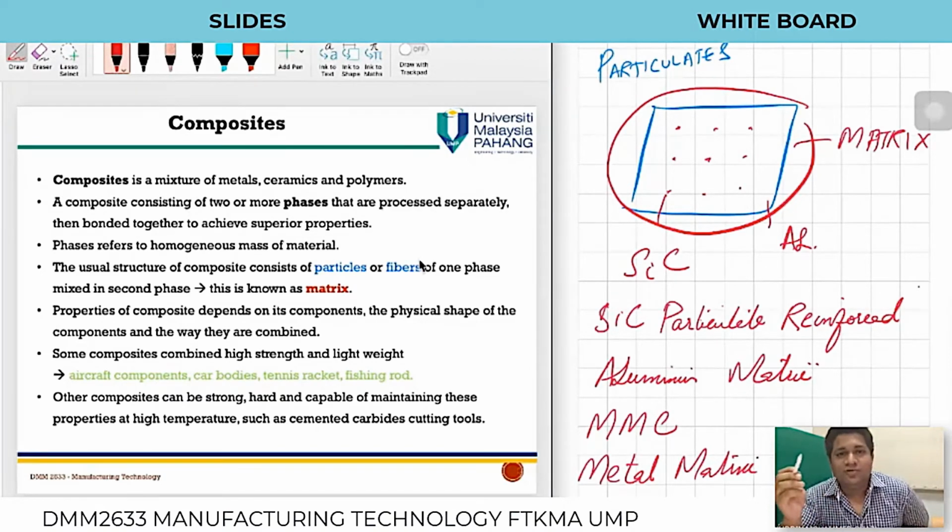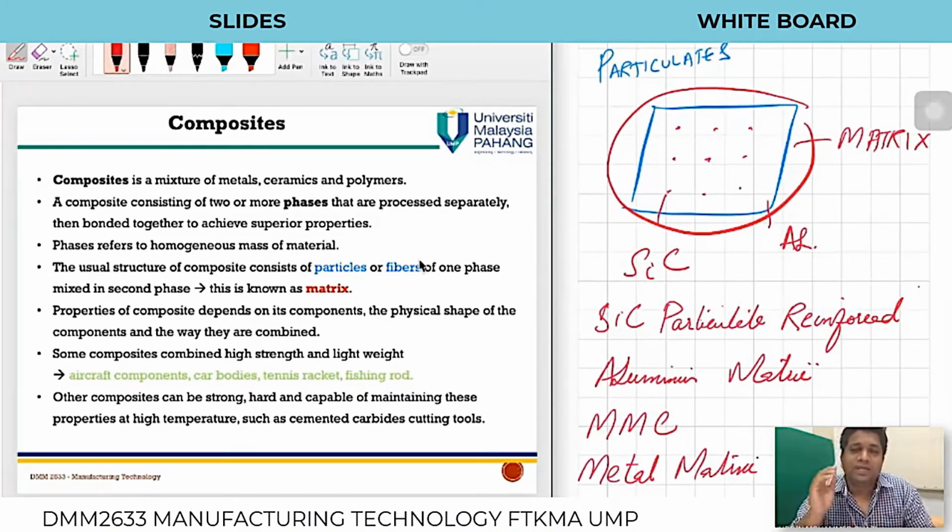Then we move to ceramics. Ceramics are basically metals, but with oxygen, nitrogen, or carbon. So they become silicon carbide, iron oxide, tungsten carbide. These are materials which have good heat insulation. They are very strong but very brittle. They can break easily if I apply a tough load.